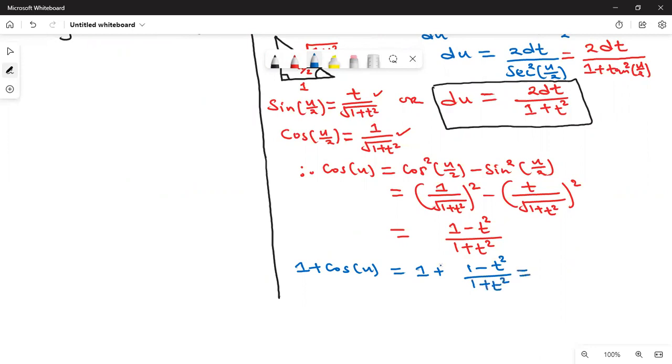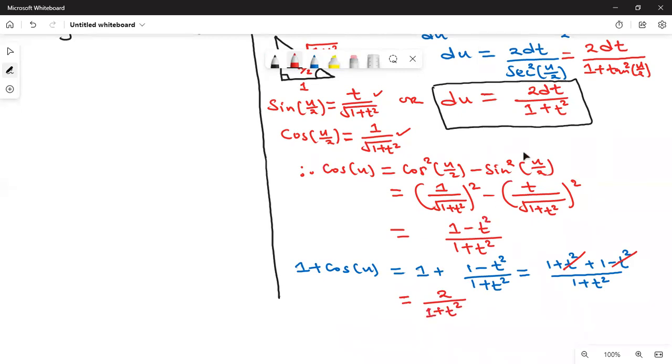This can be written as 1 plus t squared plus 1 minus t squared over the common LCM, 1 plus t squared. You see here, the t squared will cancel with the other t squared, so this will give us 2 over 1 plus t squared. So that's what we have.